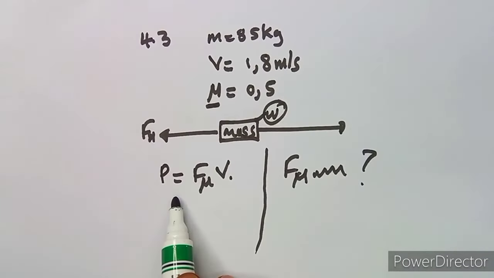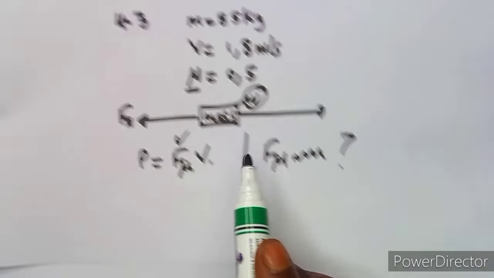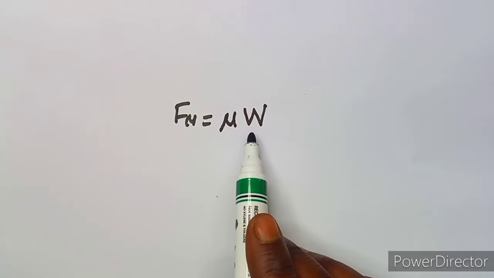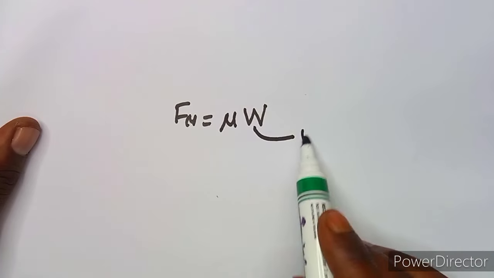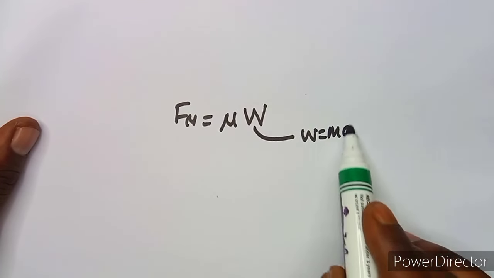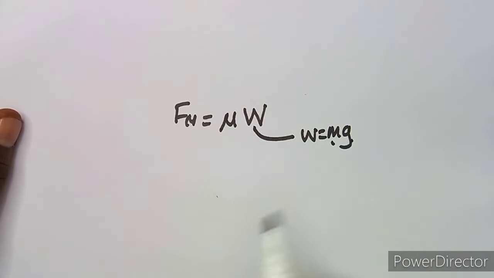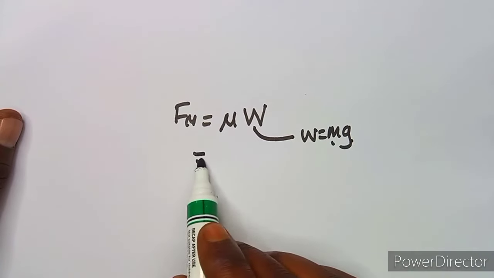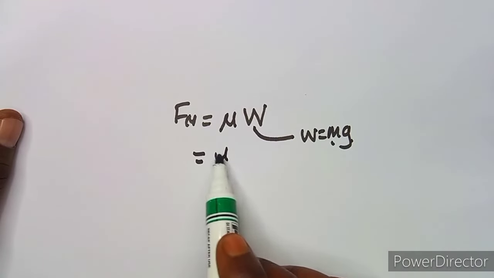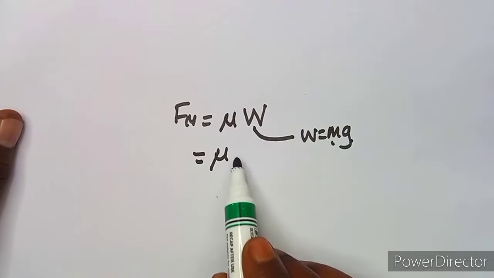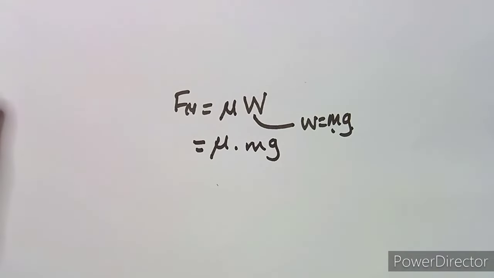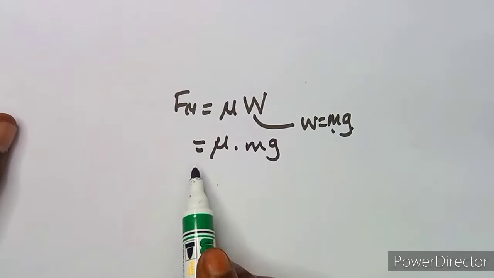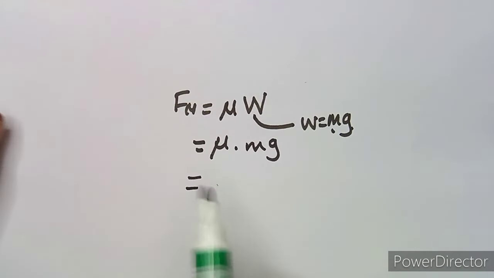But where are we going to find this weight? Remember, guys, from the previous part, weight is equivalent to mg, that is mass times gravitational acceleration. So let's substitute here: the coefficient of friction multiplied by mg, just like the previous part. It's going to be easier because you're now just substituting the information.